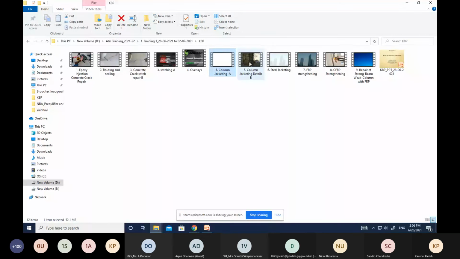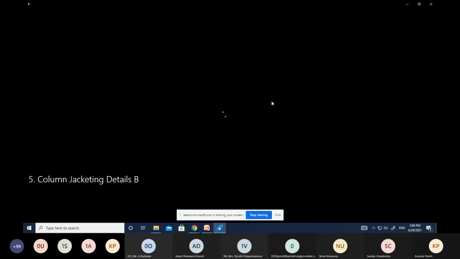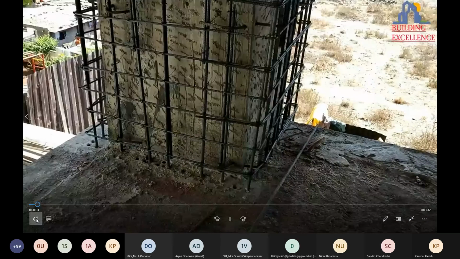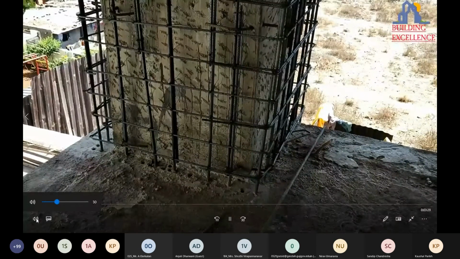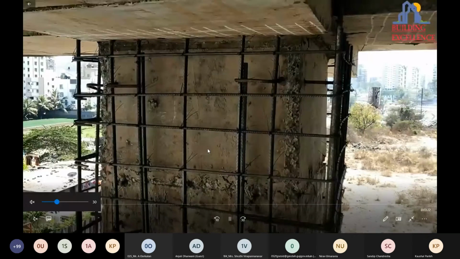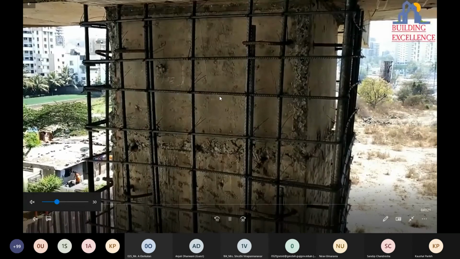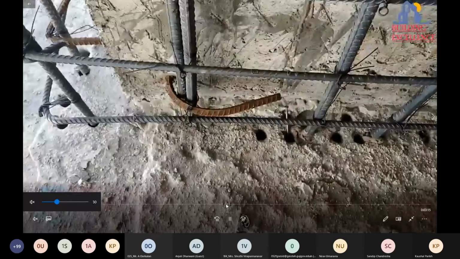Now just see over here in this video, the holes will be provided throughout the slab. So the reinforcement is continuously provided from the bottom part of the slab to the top part of the slab.